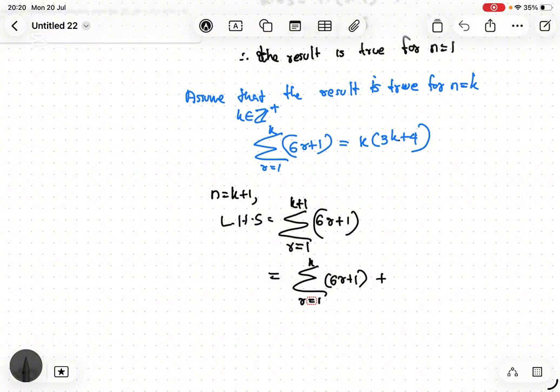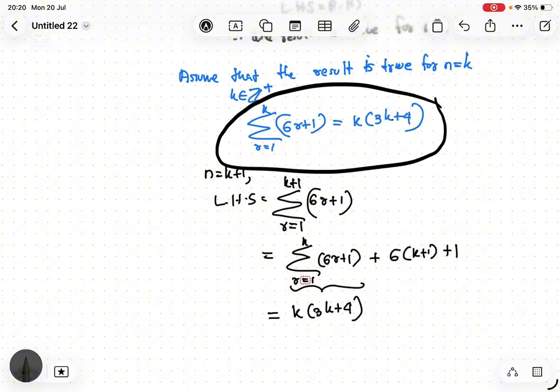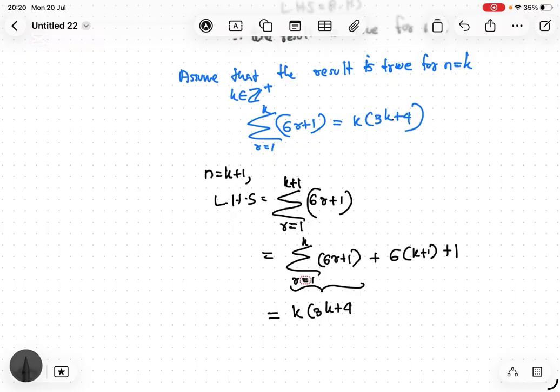So the sum from r equals 1 to k of 6r plus 1, plus, substituting k plus 1, 6 into k plus 1 plus 1. Clear? And then we know this part is equal to what? k into 3k plus 4, from the assumption. That is equal to k into 3k plus 4, plus 6k plus 7.